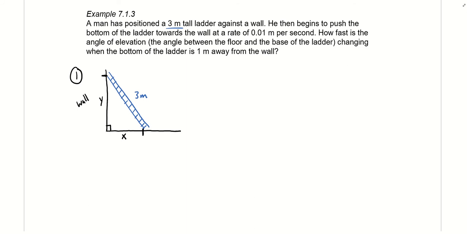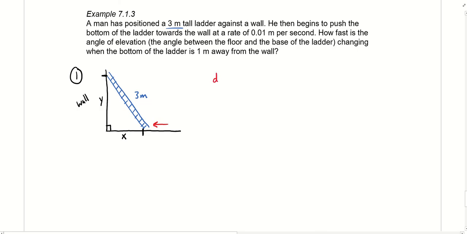So let's see, what else can I label here? What's changing? The ladder's being pushed towards the wall down here. So I'm pushing on the ladder, which means that the ladder is moving closer to the wall along my x coordinate, or my x side. I can actually express that as a rate of change.